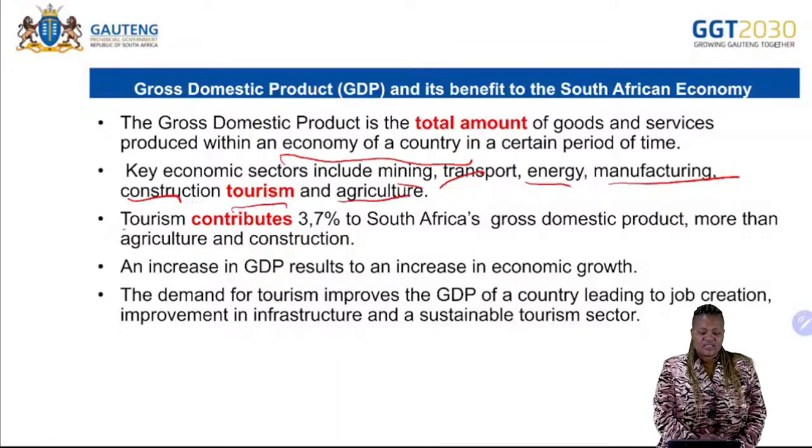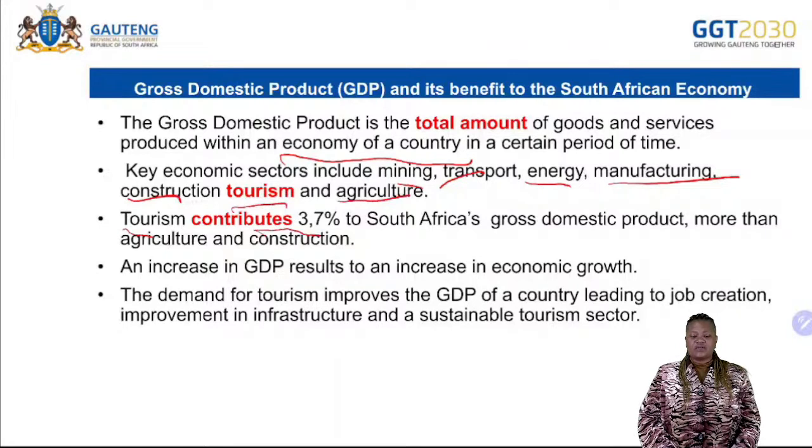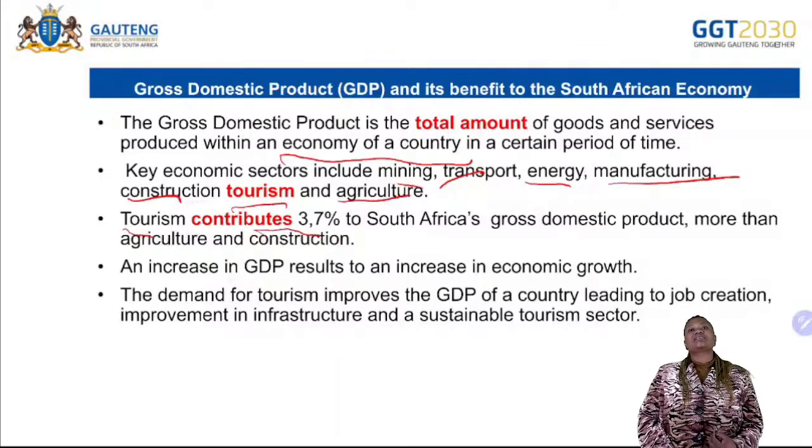It says that tourism contributes 3.7 to South Africa's gross domestic product, more than agriculture and construction. This gives us an indication that the tourism sector is very important to South Africa's economy. Hence, it is always included when calculating the gross domestic product. And hence, tourism is also done as a subject because it's a major economic contributor into the South African economy.